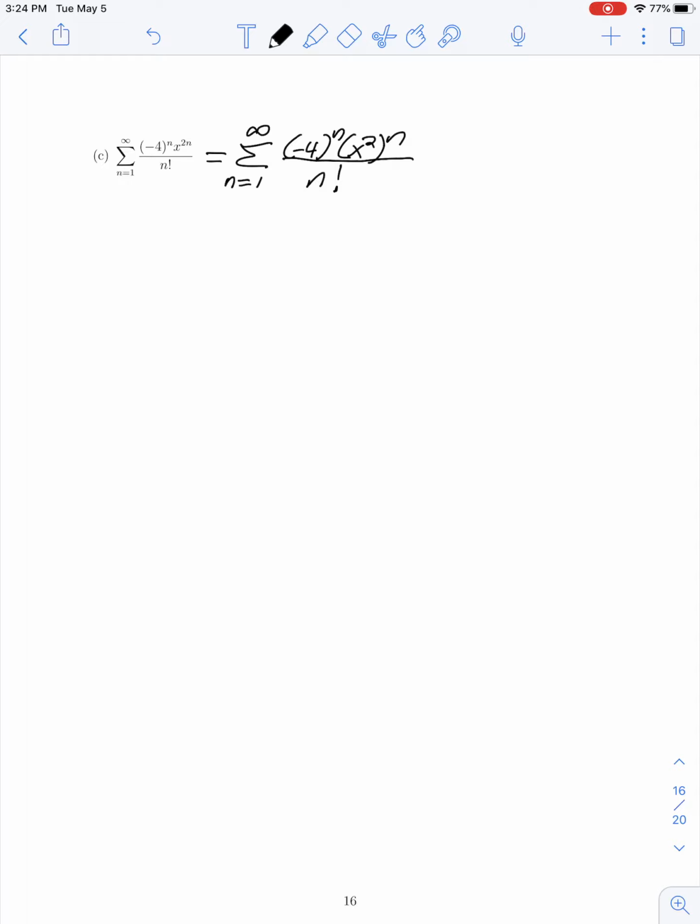So what we have is the sum from n equals 1 to infinity of negative 4x squared quantity to the nth over n factorial. And again, this looks very similar to the Maclaurin series for e to the x.